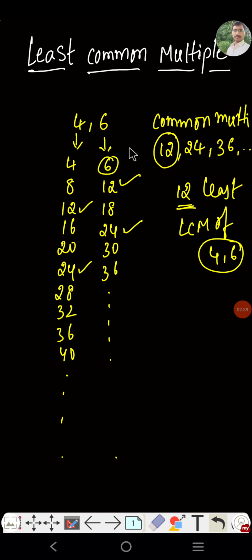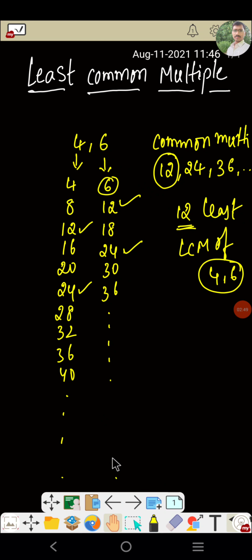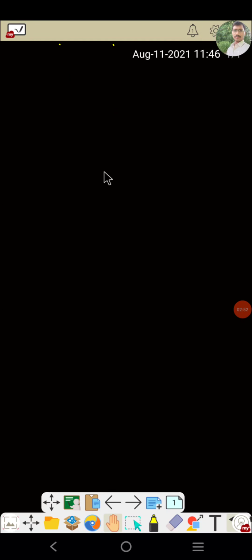For large numbers it is not possible to write down multiples like this. So for those we can use another method, the prime factorization method. Now see how to find the LCM by using the prime factorization method.